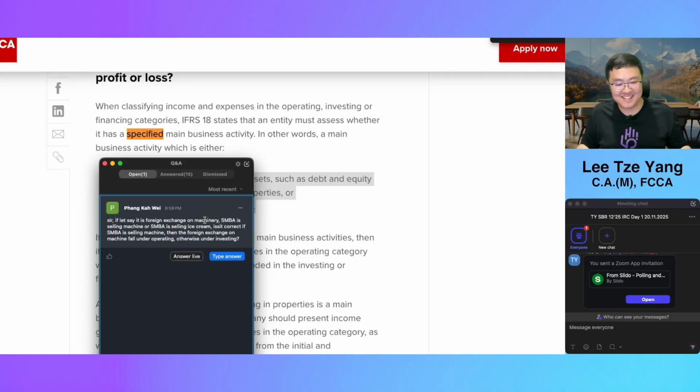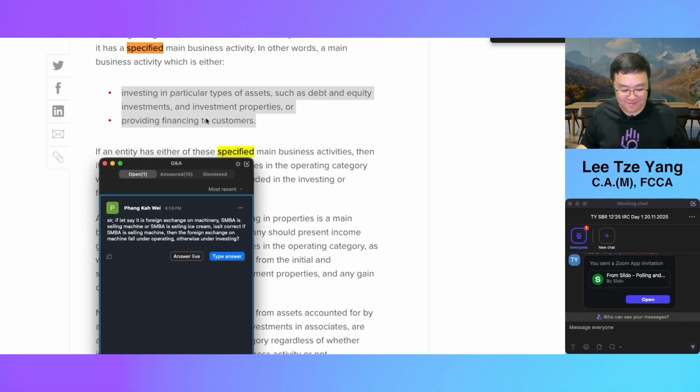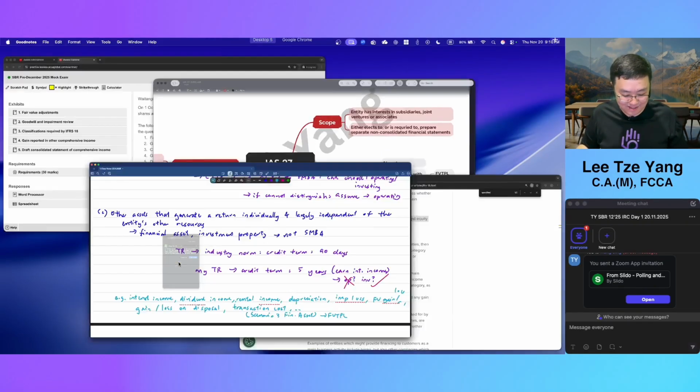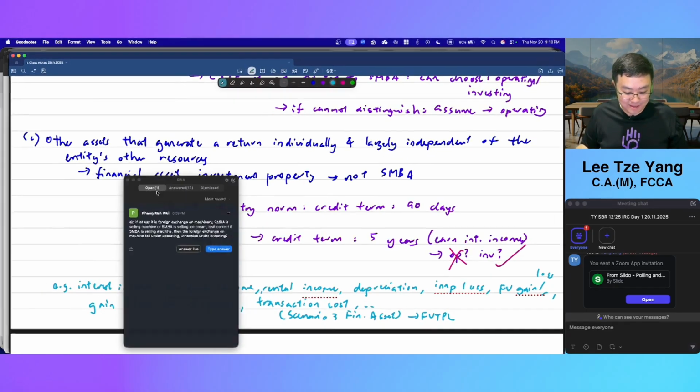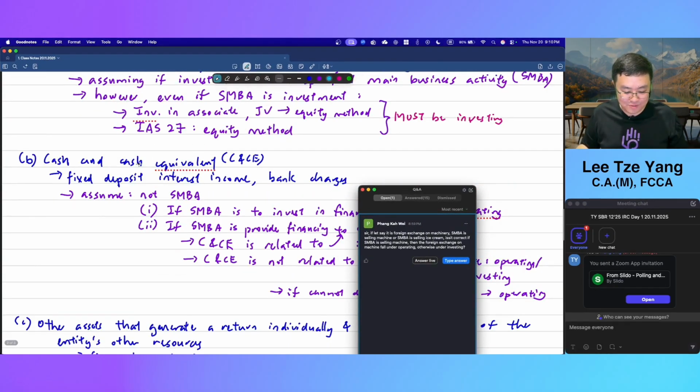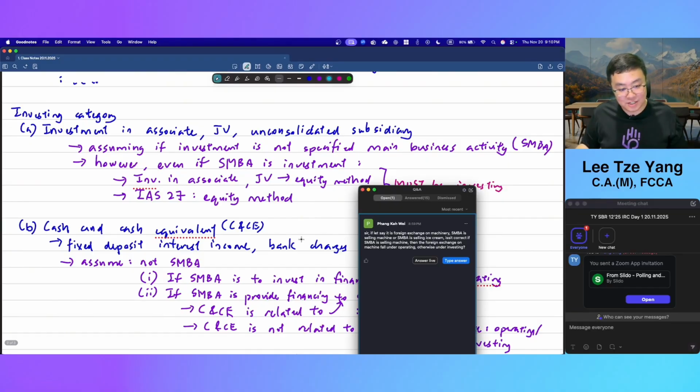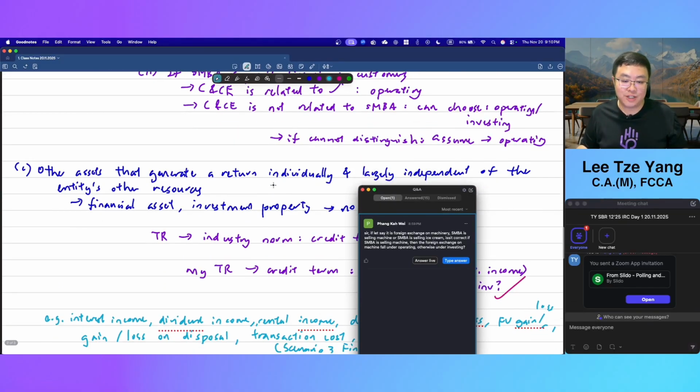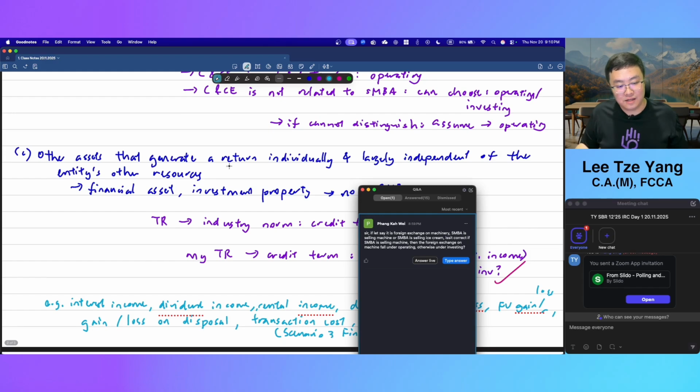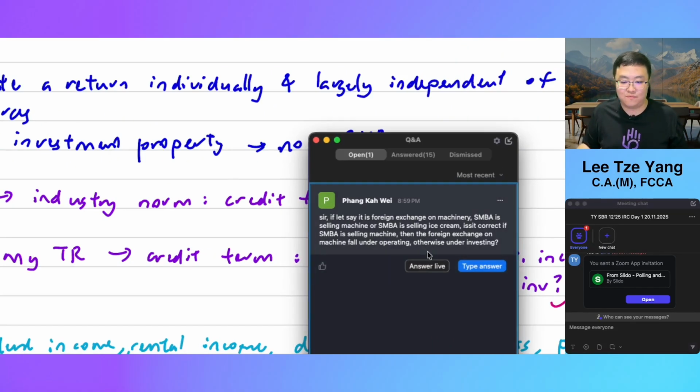I don't think it fulfills what I say here, cash and cash equivalent, and this one. I don't think a machine is something that you can generate a return from individually or largely independently of the other resources. So I think operating, not investing, Kawai.